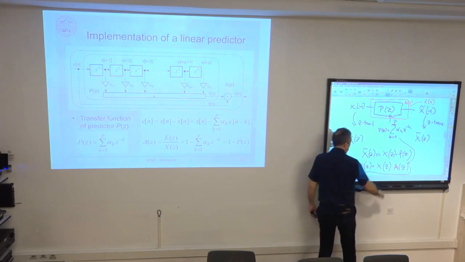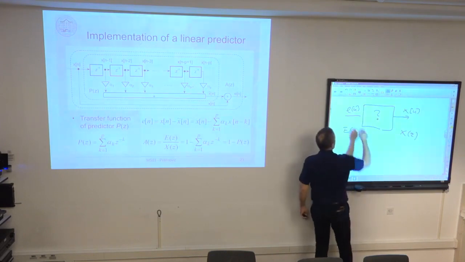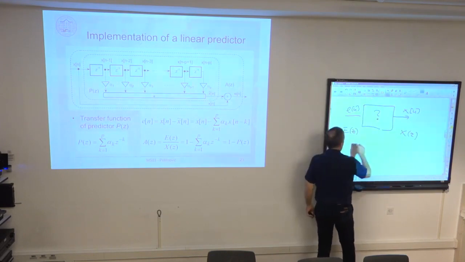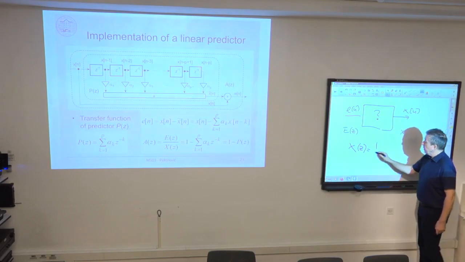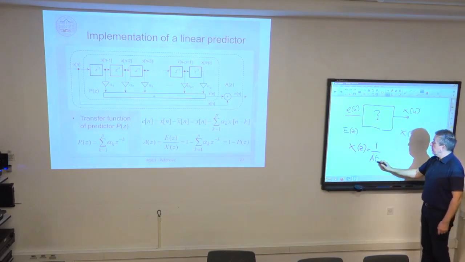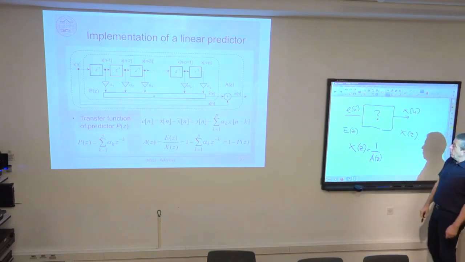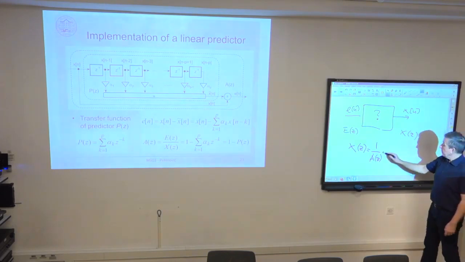So what I have to do to find this x of z, I have to pass the prediction residual through the inverse system that has this A of z in the denominator times E of z.